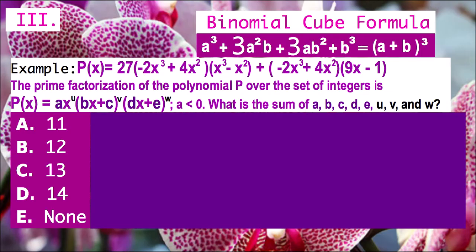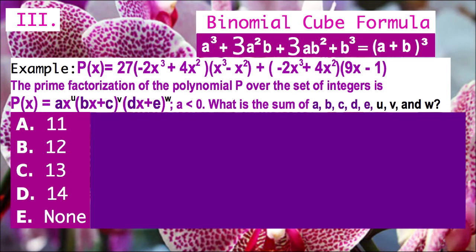Now we have another example where the polynomial is defined as 27 times the quantity negative 2x cubed plus 4x squared times the quantity x cubed minus x squared plus the quantity negative 2x cubed plus 4x squared times the quantity 9x minus 1.